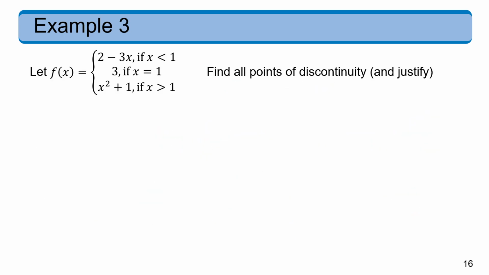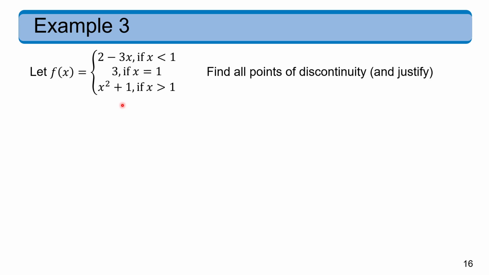In this example, we're given a formula for a function. You can see it's a piecewise function, and we're asked to find all points of discontinuity. Now if you look at the 3 individual functions, one is a polynomial, one is a constant, which is a polynomial, and the third is a polynomial. Each piece by itself is continuous because polynomials are continuous everywhere.